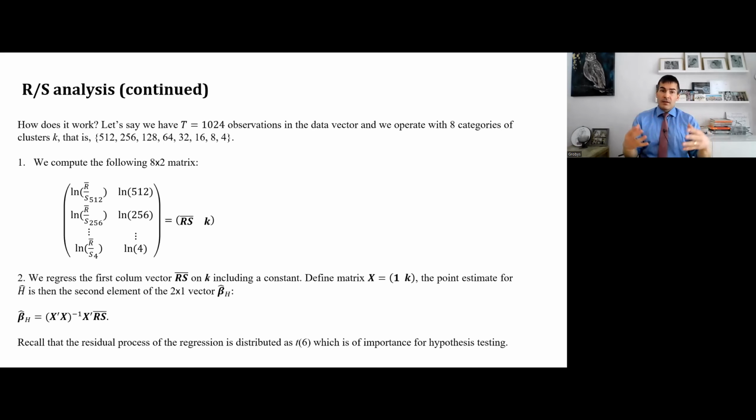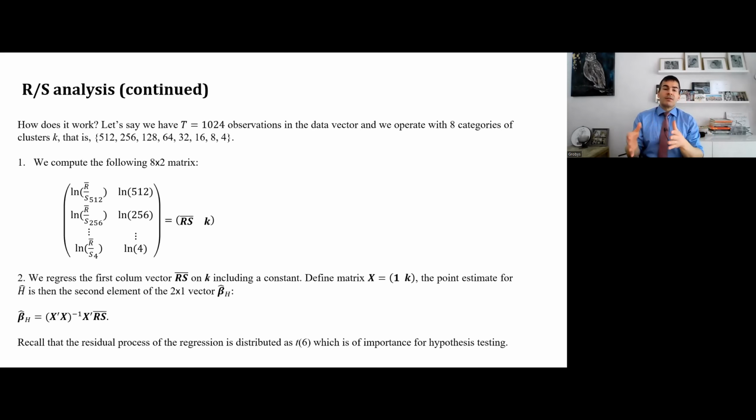The RS bar for the cluster corresponding to 256 observations, there we take the average of 4 RS statistics, and so on. The second column vector in our 8x2 matrix is simply the logarithm of the cluster size.